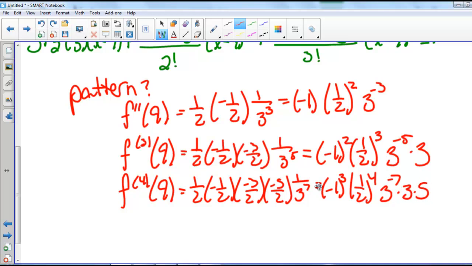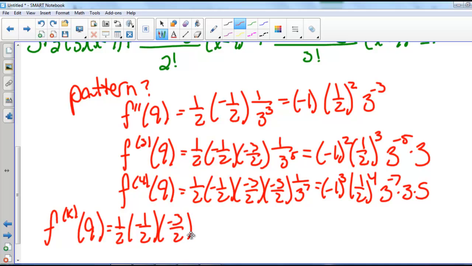And that is negative 1 cubed times 1/2 to the 4th times 3 to the negative 7 times 3 times 5. So it's looking like the kth derivative at 9 is equal to 1/2 times negative 1/2 times negative 3/2 and so on, up to negative the quantity 2k minus 3 divided by 2 times 1 divided by 3 to the 2 times k minus 1.